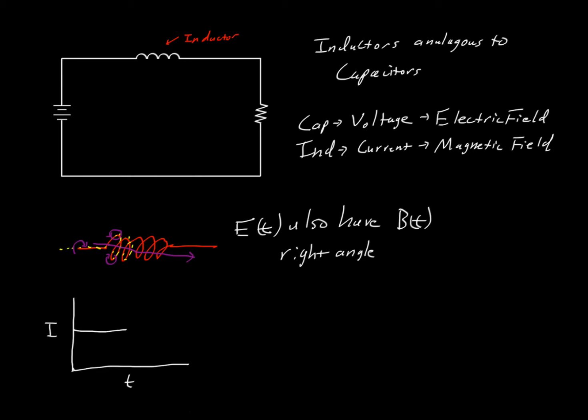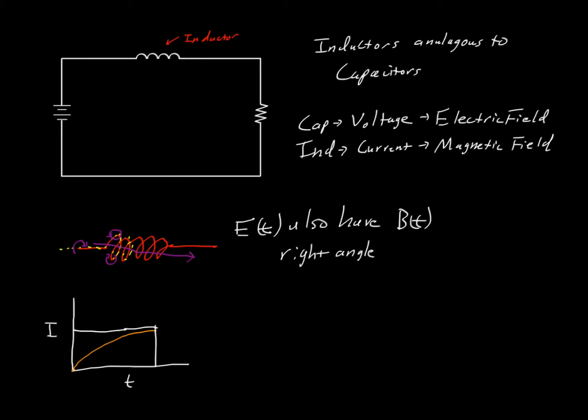Okay. However, with an inductor, it's going to slowly and exponentially build up to that current flow asymptotically. Okay. The same thing will happen whenever we shut it off. Step function down without the inductor.